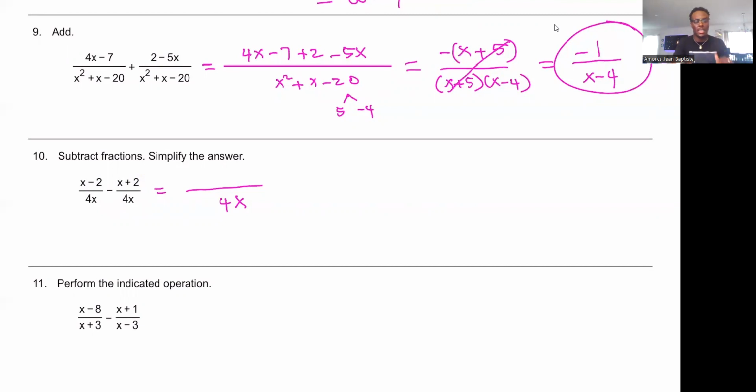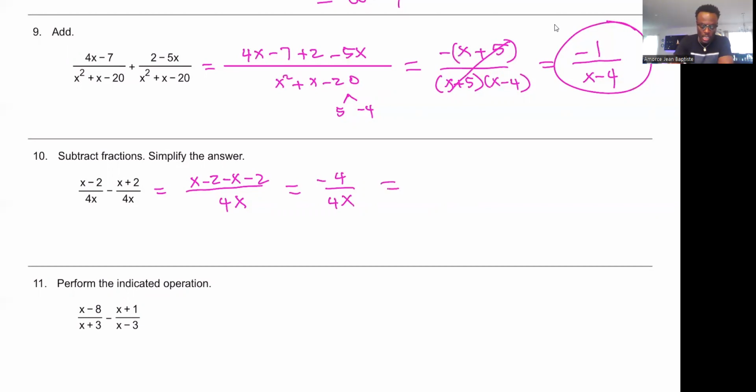The negative sign is not only for x, it's for both terms or all the terms on top when it sits right in front of the fraction bar. Always remember that. So that is x minus 2 minus x plus 2. I mean minus 2, sorry. And then now we combine like terms to get negative 4 over 4x because we got x minus x, that is 0.